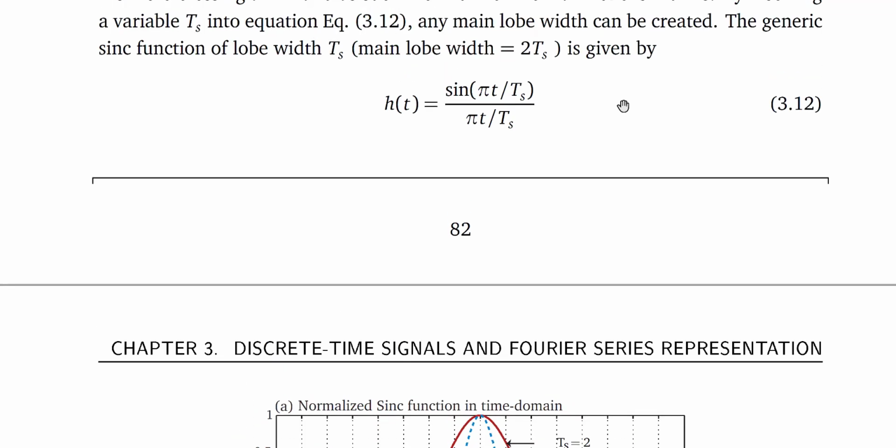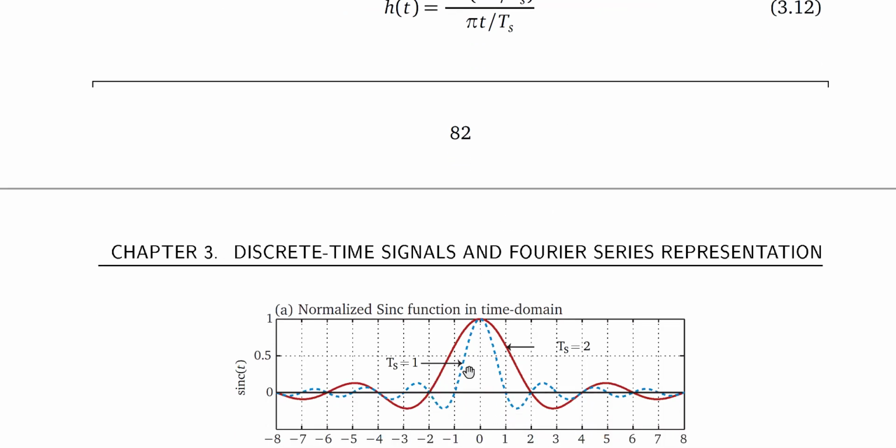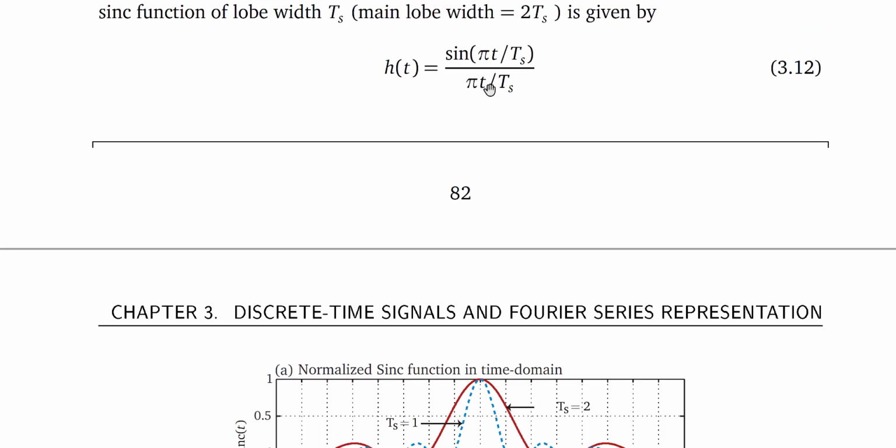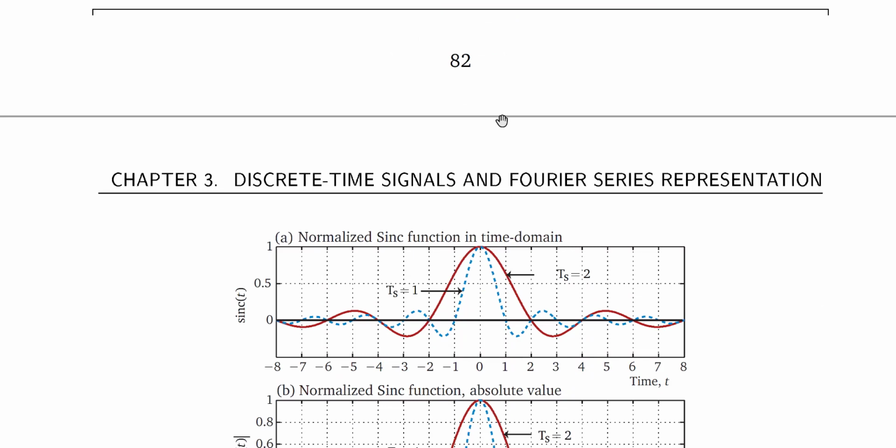Now we can put the parameter of time, or the width of the main lobe, by changing the Sinc function in this fashion, just sticking a TS in here, both in the top and the bottom. Okay, so let's say that TS is 1.